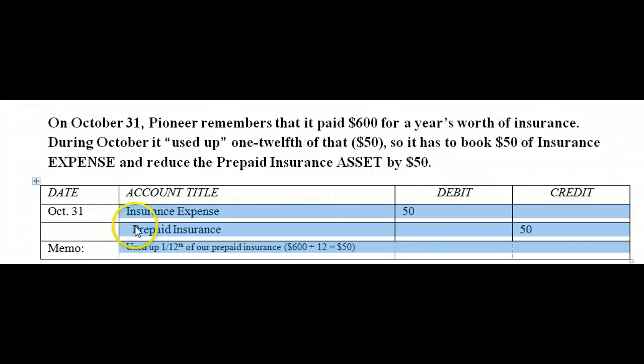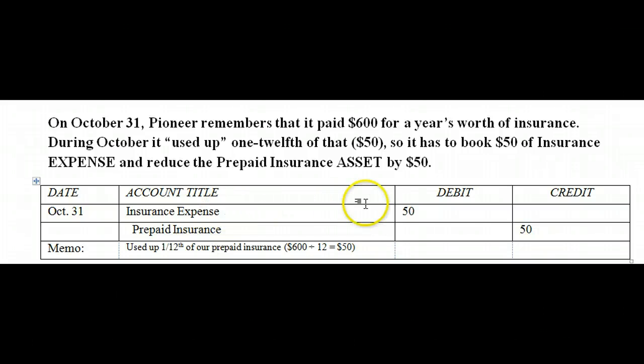We have this asset called prepaid insurance that we've used up. Assets increase with debits and they decrease with credits. Expenses are debits. And so we debit insurance expense for $50, credit prepaid insurance for $50, and make our little note down here to explain to the next person how we came up with that number.